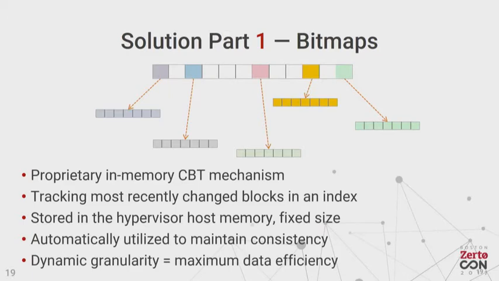We're tracking the most recently changed blocks across an index. We store it in hypervisor RAM, right? That's actually a fixed size, right? So we're not going to sit there and balloon and take down your host.